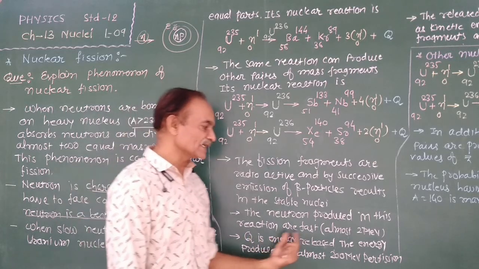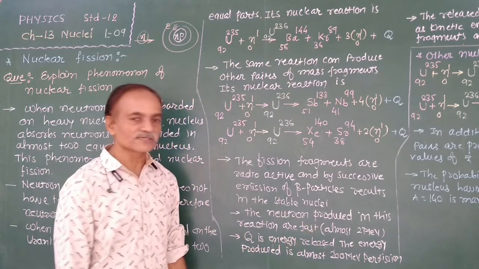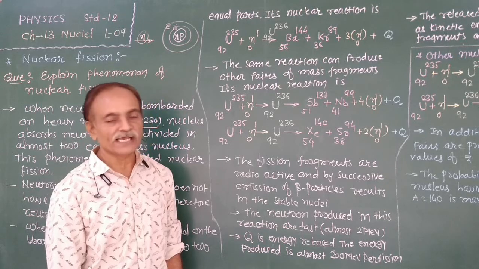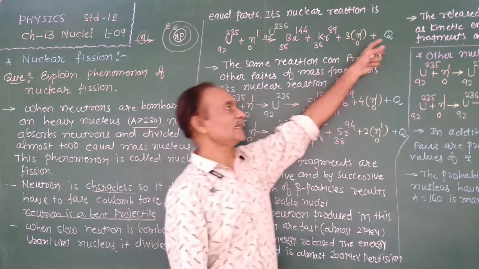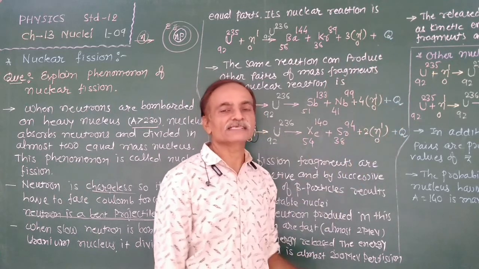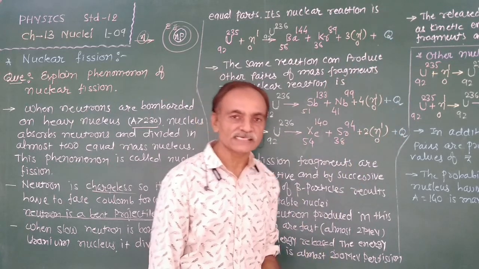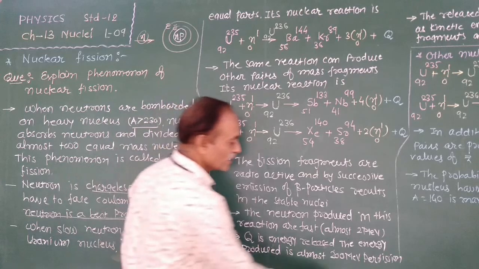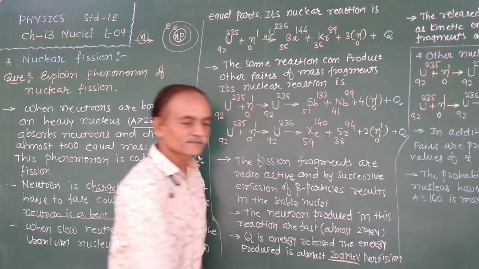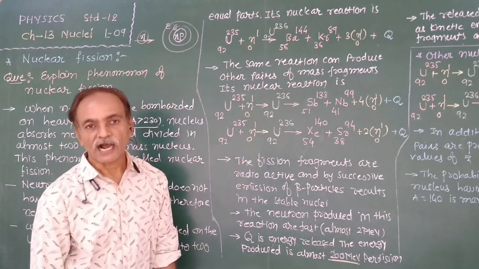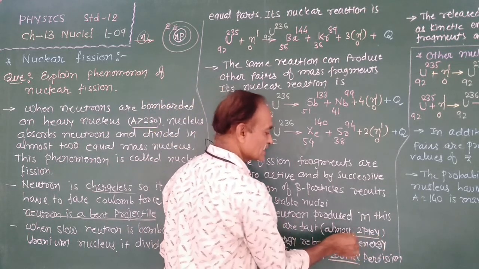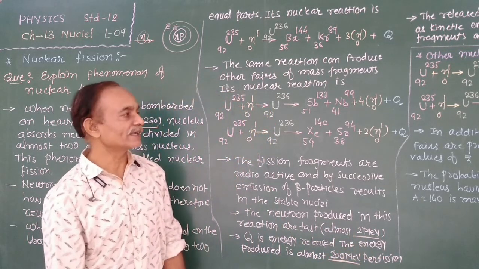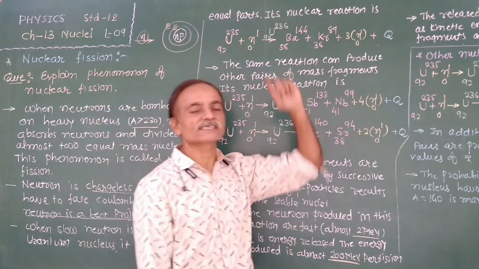And Q is the energy released, almost 200 MeV per fission process. Out of this 200 MeV, 2 MeV is in the form of kinetic energy of the neutrons produced as a product.